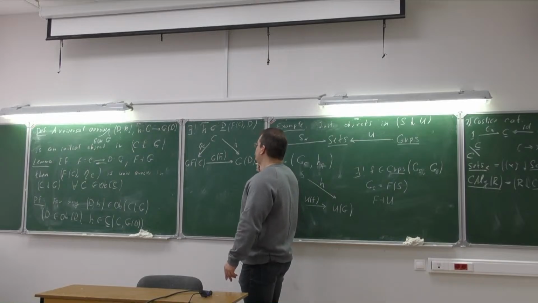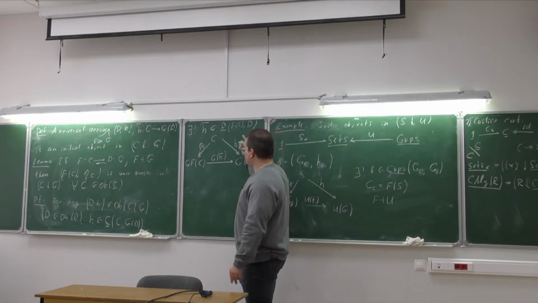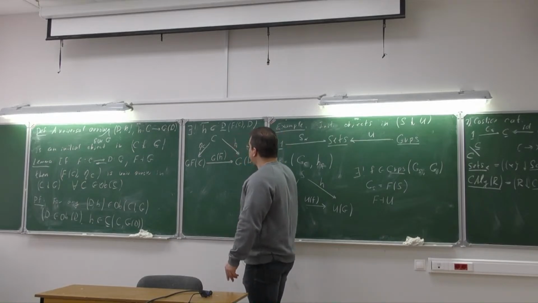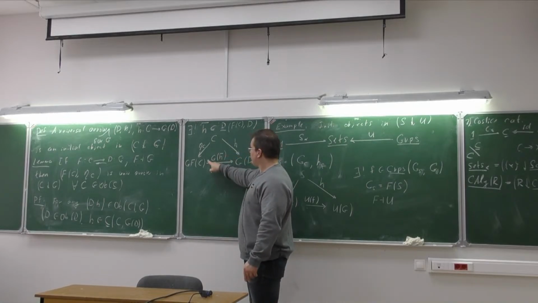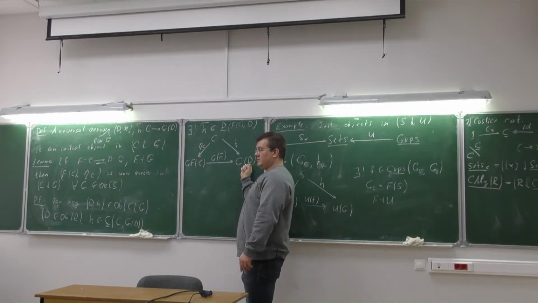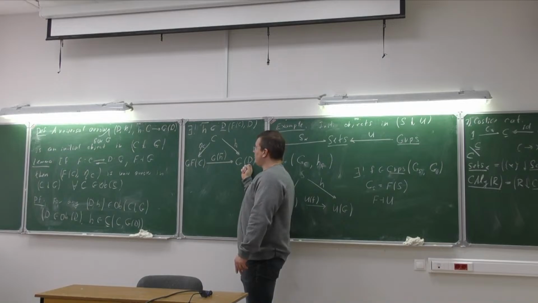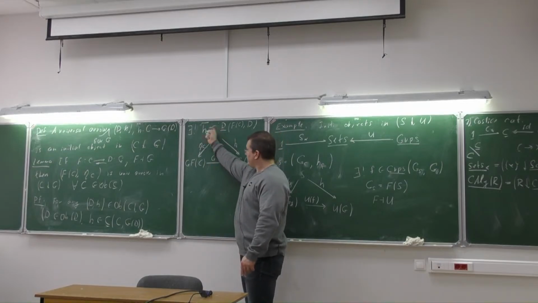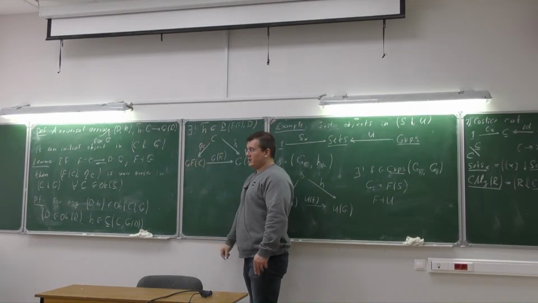It's at least a natural graphical way to represent this object. And now we see that for any such object, we constructed a unique map from this object to the given object. So that's precisely the definition of the initial object, but in this comma category. So this diagram is the initial object in the category.